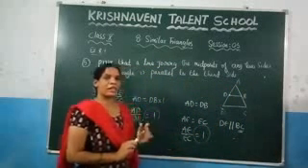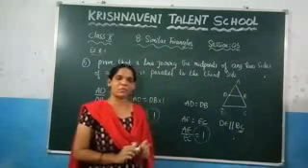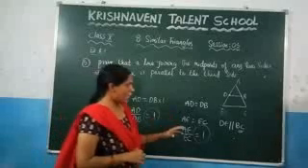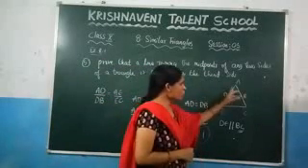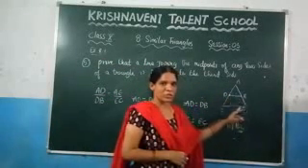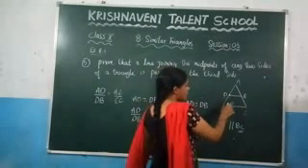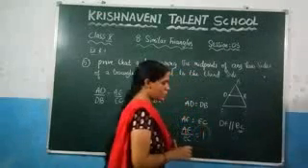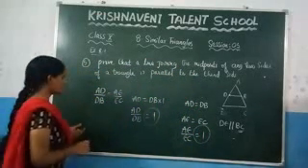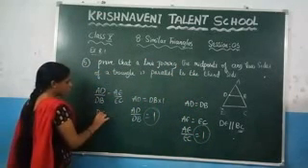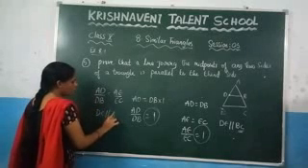According to the converse of the basic proportionality theorem, if a line divides two sides of the triangle in the same ratio, then that line is parallel to the third side. What is the third side here? It is nothing but BC. So by the converse of the basic proportionality theorem, you can write DE is parallel to BC.